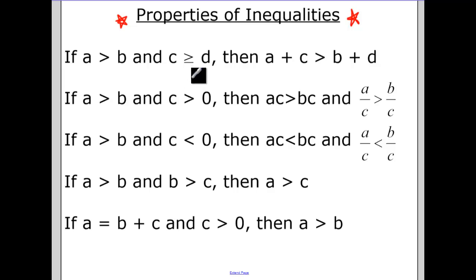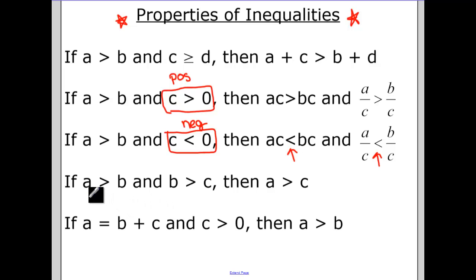Same thing when you're dividing, but C has to be greater than 0. A fancy way of saying that is a positive number. So whenever I divide an inequality by a positive number, I leave the inequality sign as is. But when here we divide by a negative number, then notice how the sign switches. And that's just, you remember your rules from algebra.